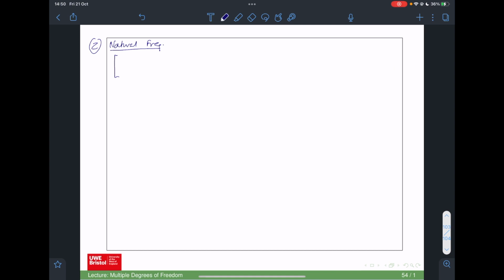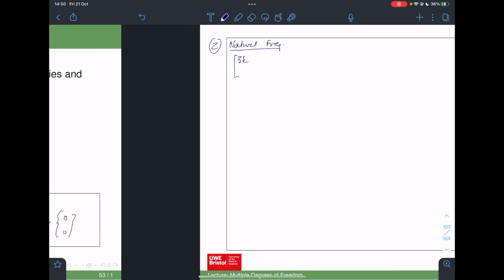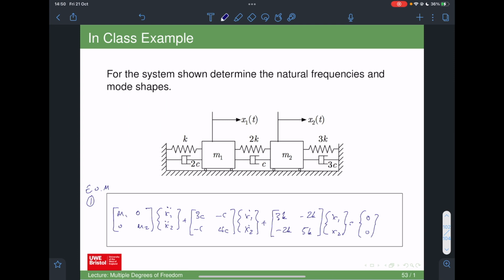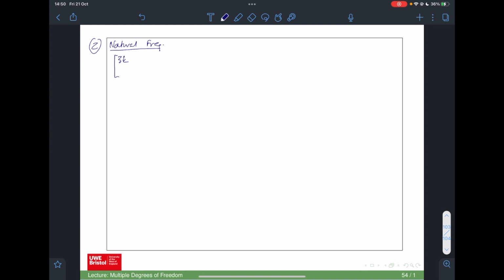So we know that we ignore the damping, so it's 3k here minus m1 omega squared. This doesn't change, that's minus 2k, and then we've got 5k minus m2 omega squared.